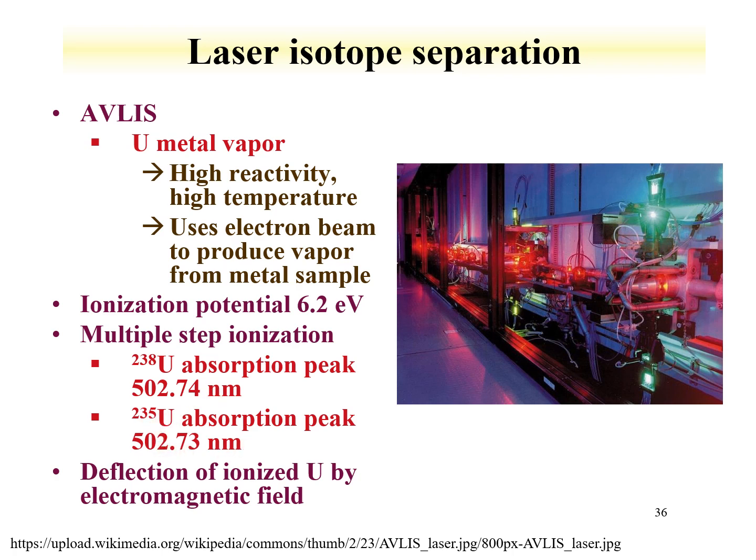So what one can do is multiply ionize the uranium-235 preferentially, first by hitting this 502.73 to make an excited state, and then take that excited state and ionize it. The uranium that's ionized is deflected by a magnetic field, thereby enriching the uranium-235, and like the other systems, one would need a cascade.